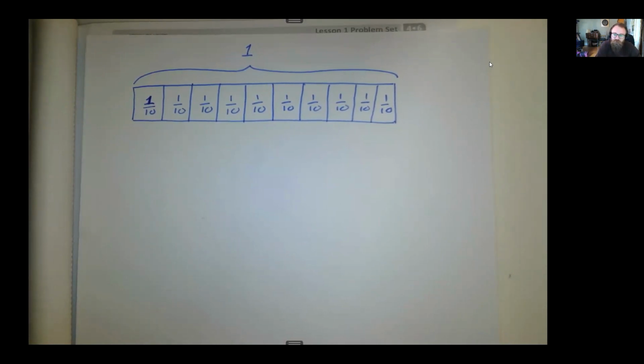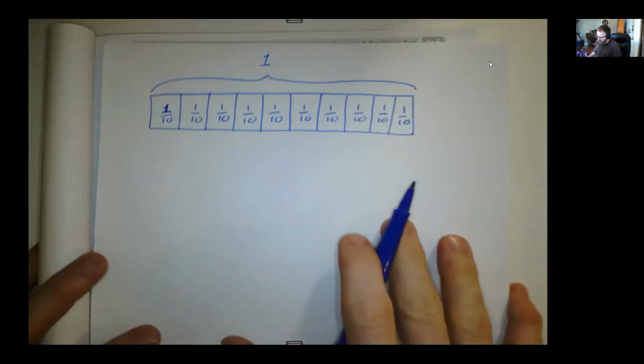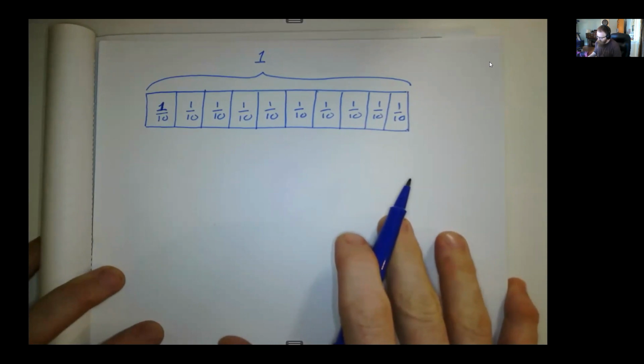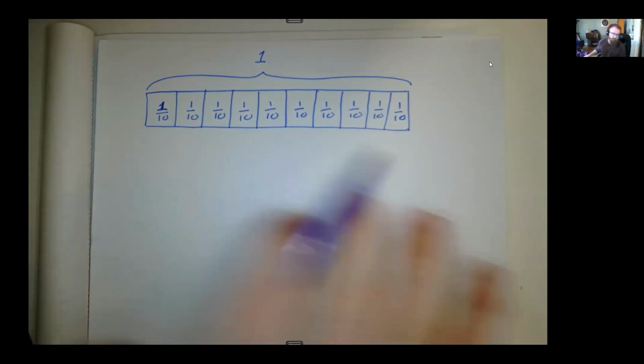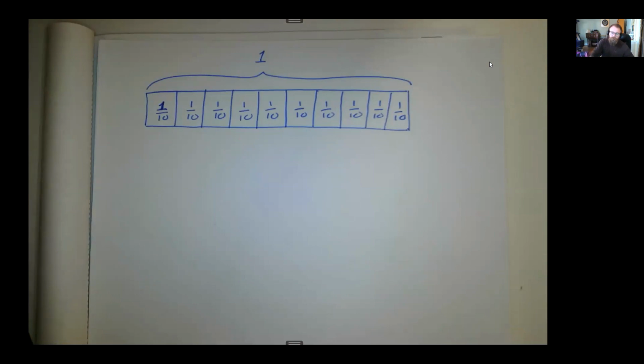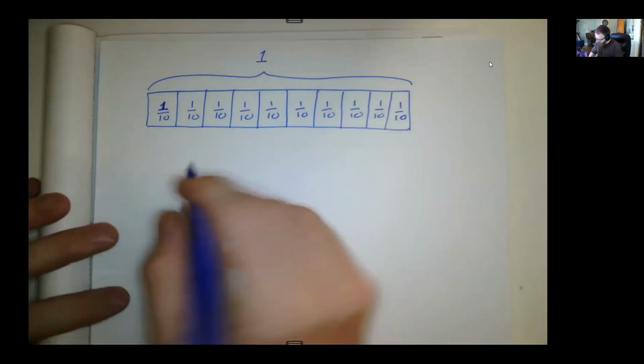The way we're going to expand our learning today is to show that we can represent that 1/10 fraction with a system of measurement called the metric system, which uses decimals to represent those 1/10 fractions.